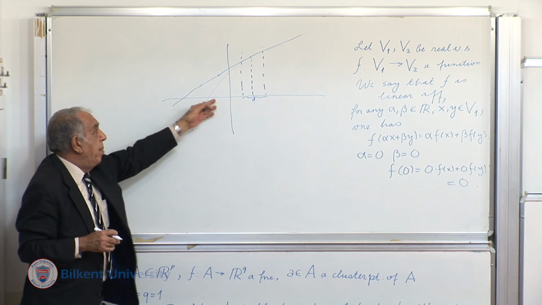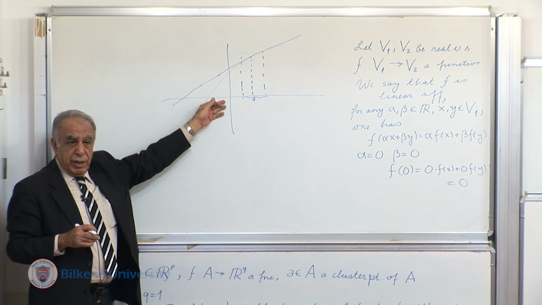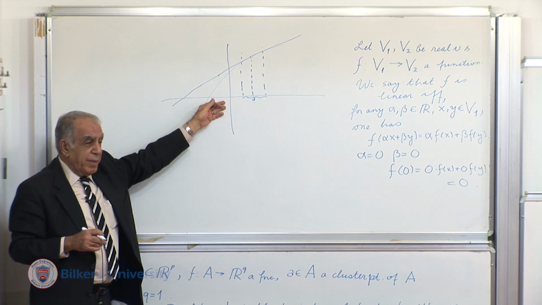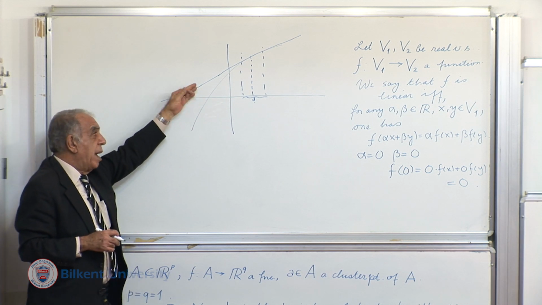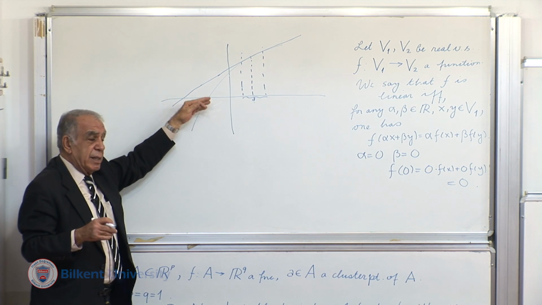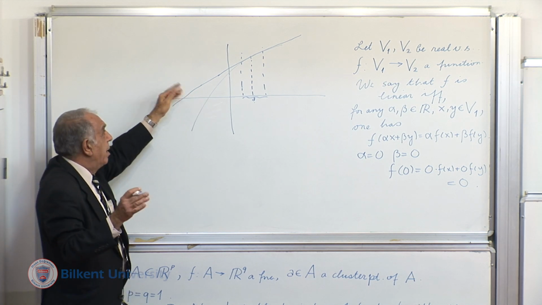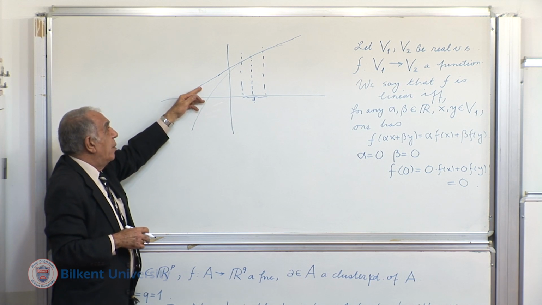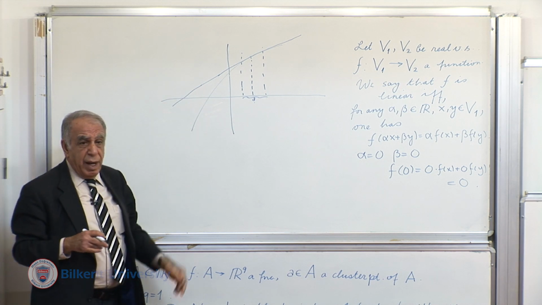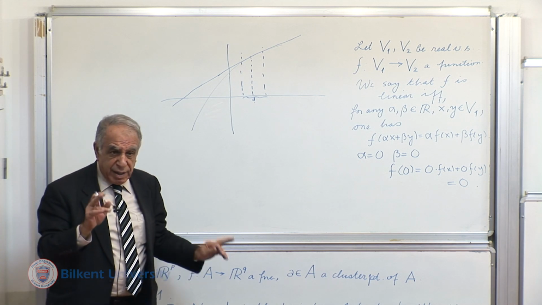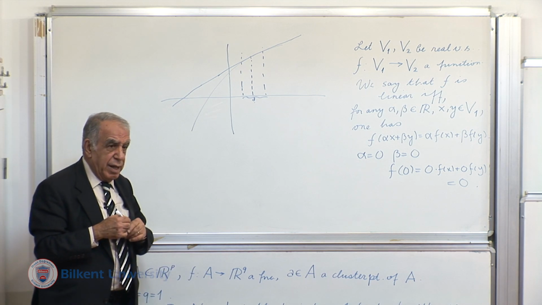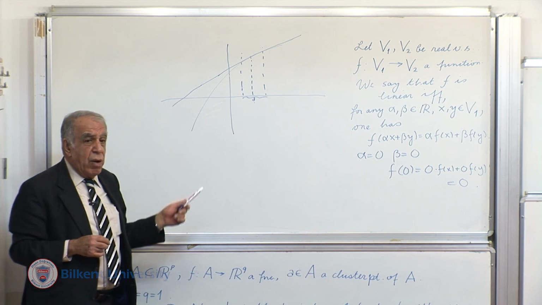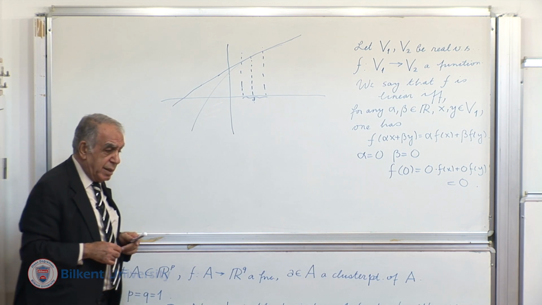So this has to pass through the origin in order to represent a real line. Now, well, later on, we'll come back to this and generalize it to an arbitrary dimension. Well, this will be referred to as an affine function and not a linear function. But is there a linear function which is closely associated with this?